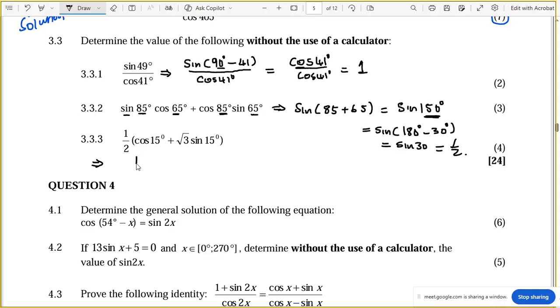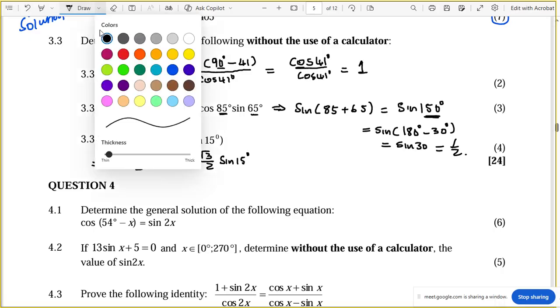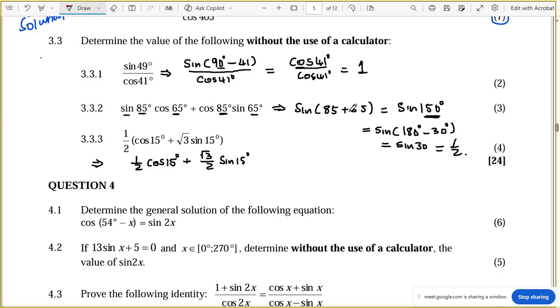Look at this. 1/2 times cos 15 degrees, plus 1/2 times that will give us √3/2 times sine 15.